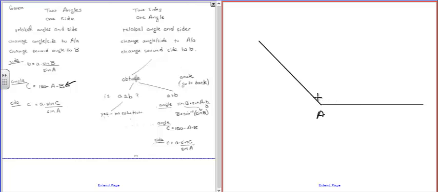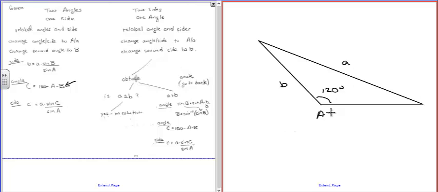This is angle A. Let's say it's 120 degrees. Actually, we're given two sides. So we're given side A, which is opposite. So we're given this side over here. So that's going to be side A. And either one of these can be side B, so we're going to call this side B.